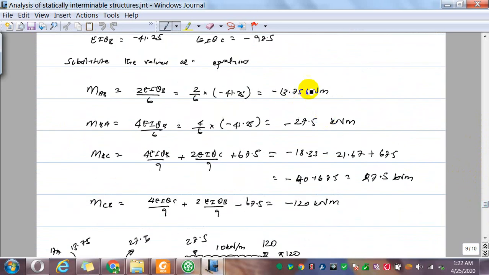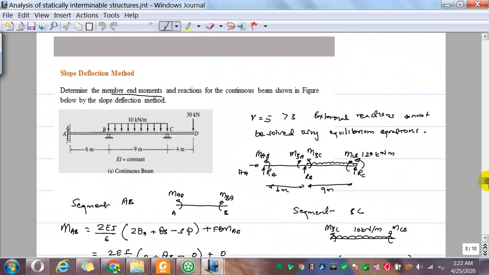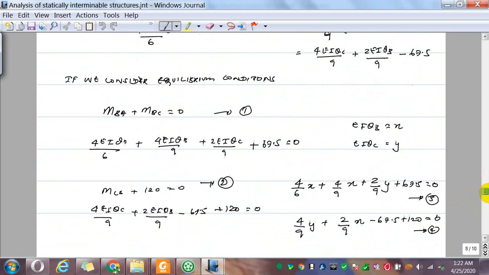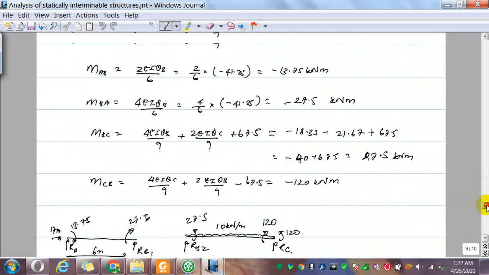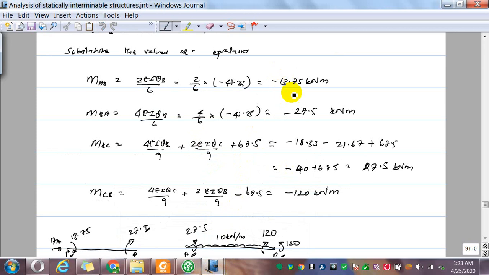Here you can see 13.75, 27.5, 27.5 minus 120. Actually the sign convention here for fixed end moment is different. So if you consider here, it is plus 13.75 plus 27.5 minus 27.5. So here it is minus.